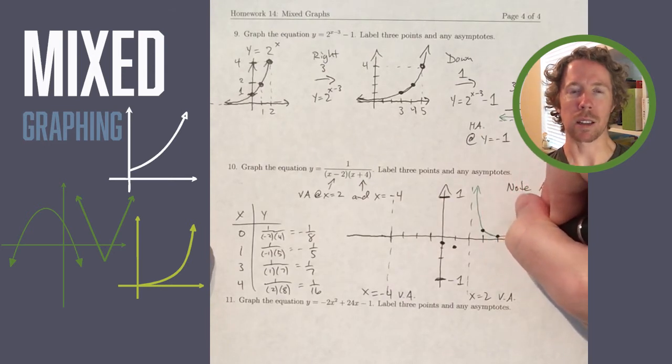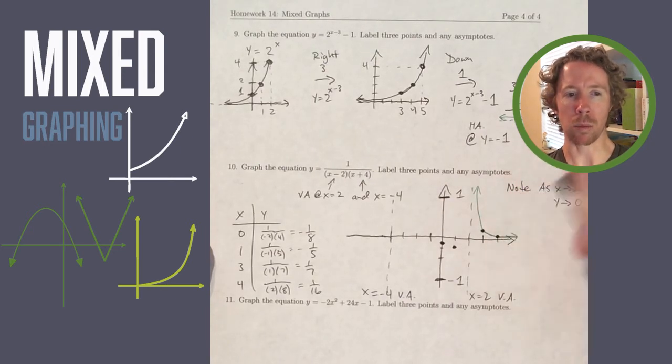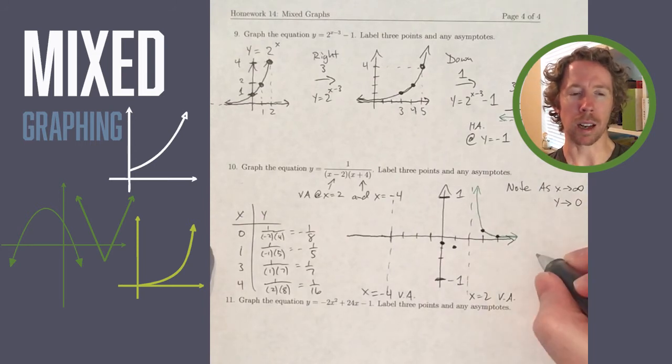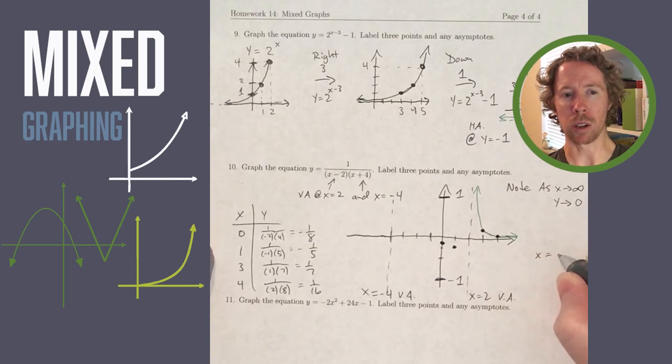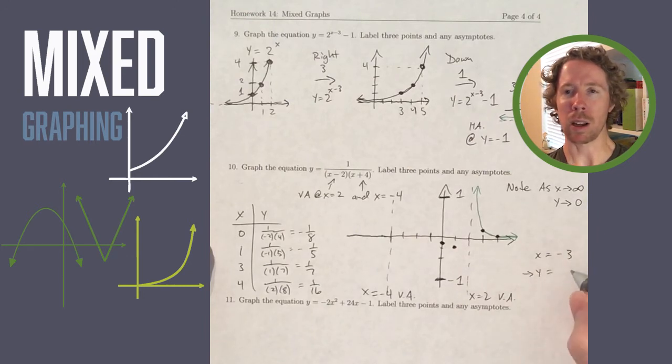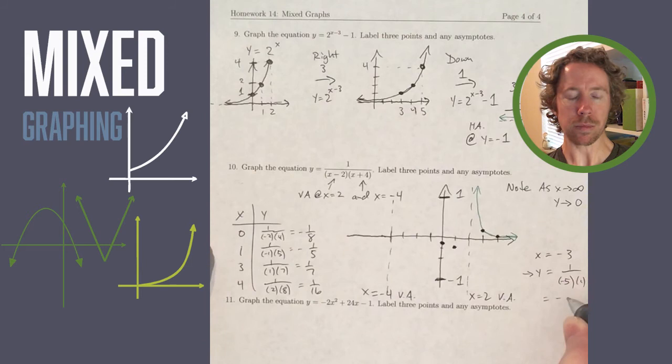I'm guessing that some of us will feel uncomfortable with this horizontal asymptote and may not be confident that the y values really do approach y equals 0 right there. But if you just think about plugging in some big numbers for x, like x equals 10, x equals 100, x equals 1,000, hopefully you can convince yourself that the y values are getting smaller and smaller.